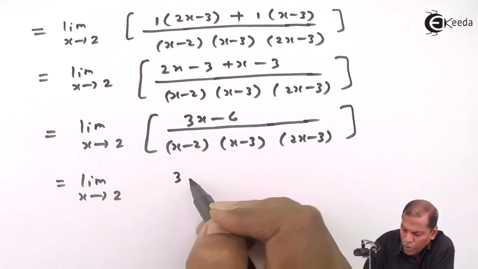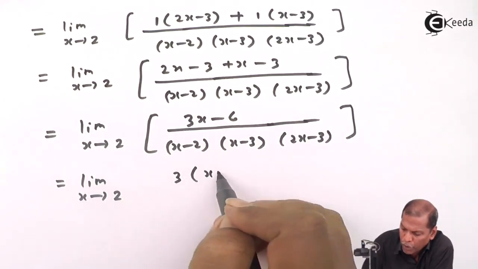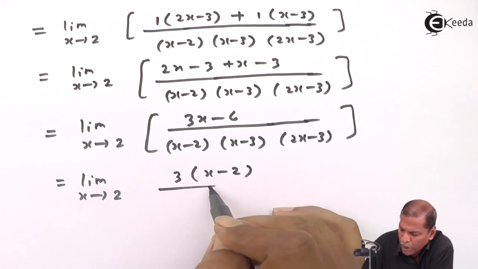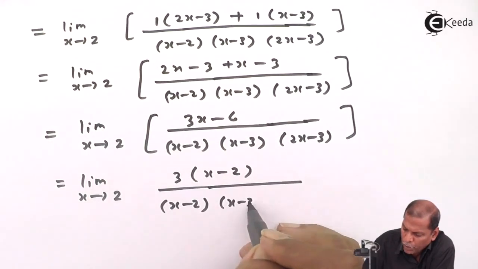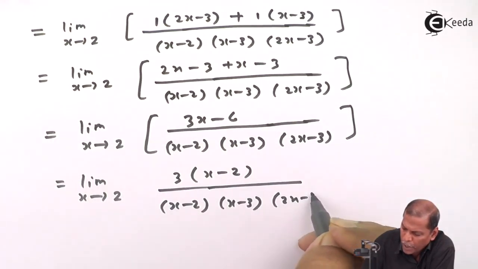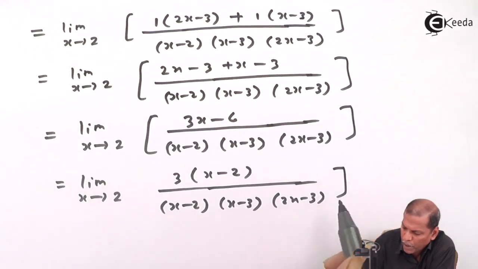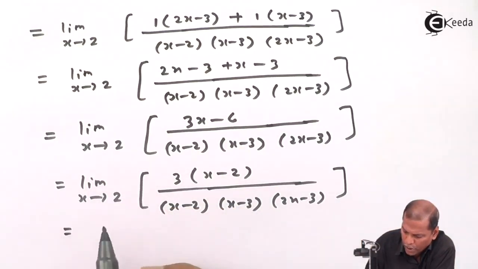Now we take 3 common from the numerator, so we have 3 ones are 3 and 3 twos are 6, and we write the denominator terms (x − 2)(x − 3)(2x − 3) as they are.